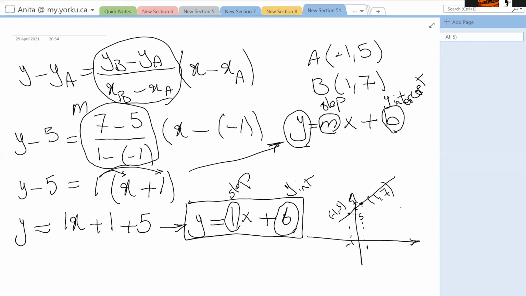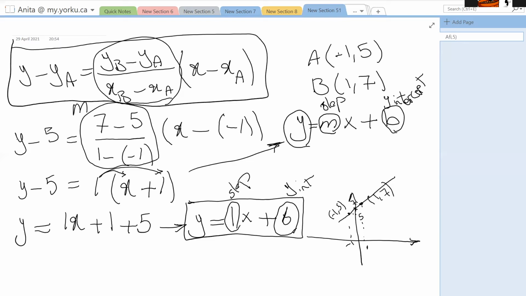But now what you learn is how do we find the equation of a line if we have 2 points of it? If you have 2 points, you have this big formula. It's very important, actually. Once you have 2 points, you just put those 2 points into the equation.